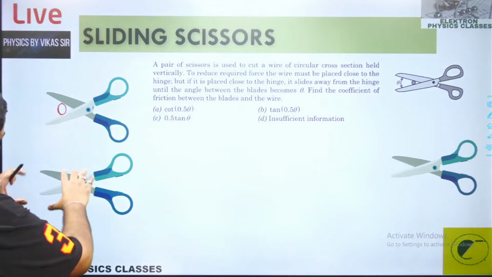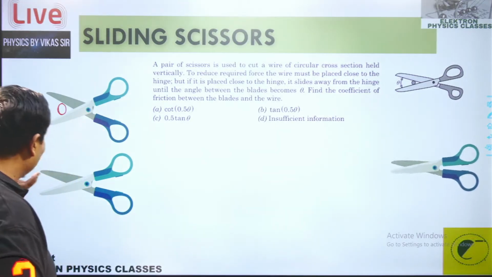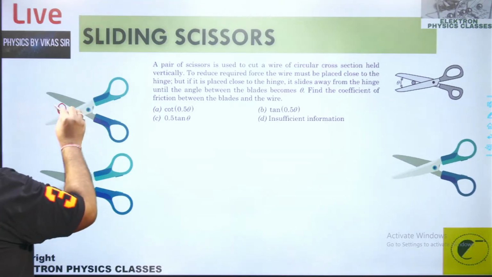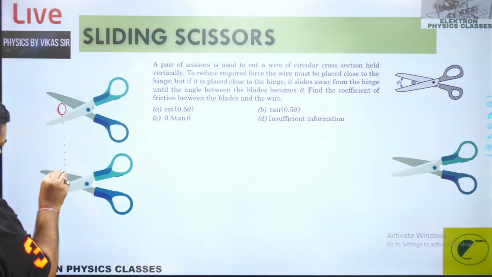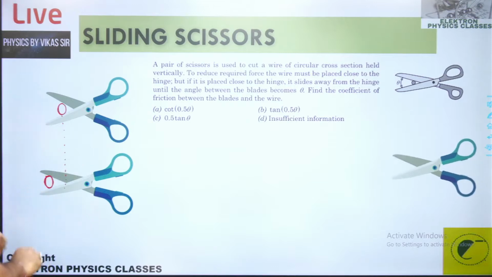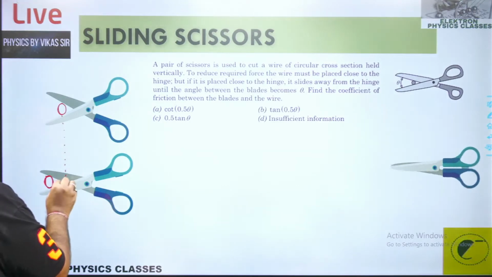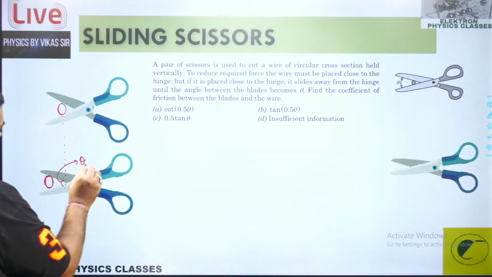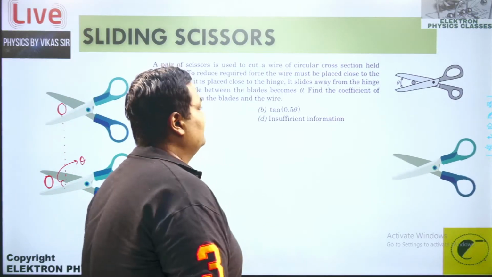Now if you bring these together, this size will not fit here, so hence it is going to slide and it reaches this position, whatever the size is going to be. Now at some angle, the angle of the hinge over there, that angle is given as theta. So find the friction coefficient between the blades and the wire.